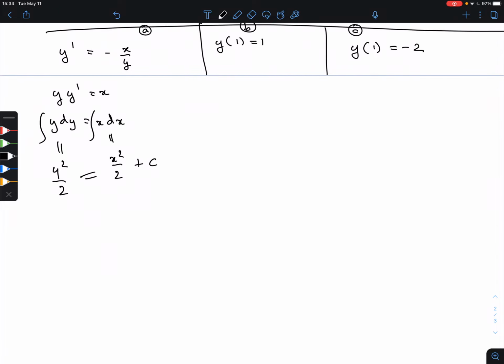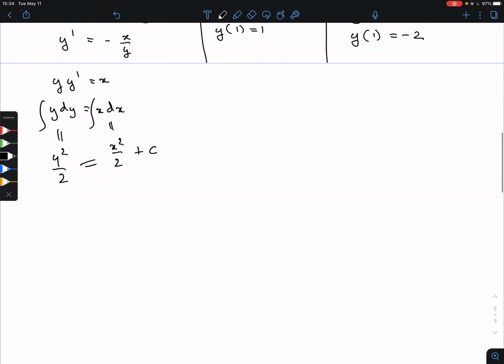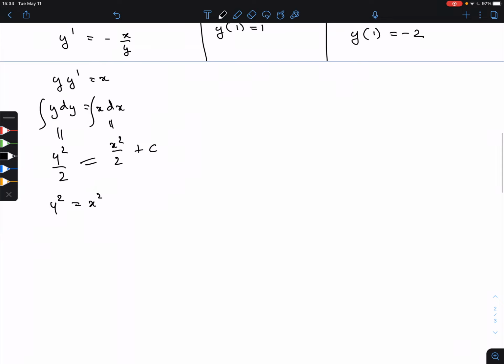Depending on what I tell you on the quiz or in what the homework tells you, you can stop at this point. But let's continue to find the solution by looking for an explicit equation. So how to do that? Well, first of all, let's get rid of 2, so multiply both sides with 2.